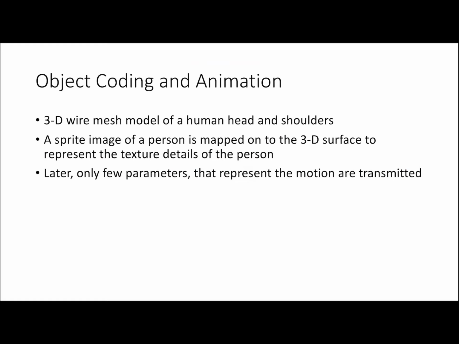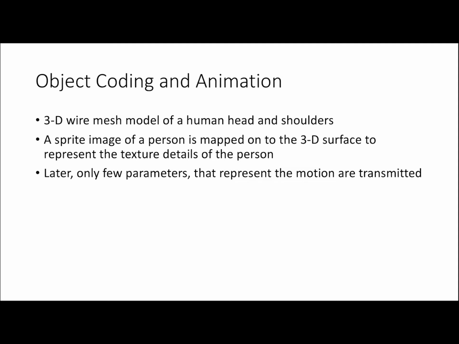Now the sprite coding concepts can be extended to model based video coding for head and shoulder video sequences. Such model based coding techniques use a 3D wire mesh model of a human head and shoulder.